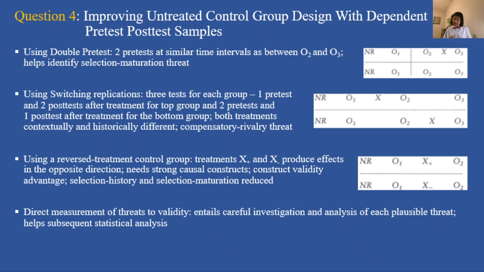However, though the treatments are administered to both the groups, they are contextually and historically supposed to be different. So, the treatment introduction is considered the treatment reintroduction, and the second treatment introduction to the second group is considered a modified replication.